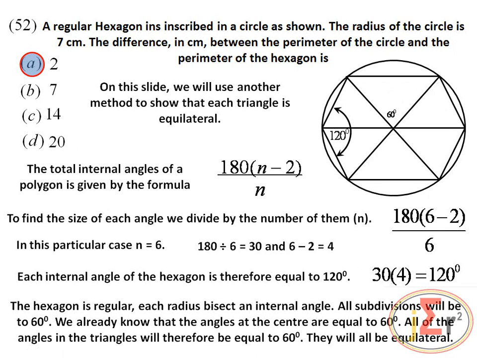Therefore, in each triangle, we know already that the angle at the center is 60 degrees. Therefore, in every single triangle, all of the angles will be equal to 60 degrees, and that is what we have in equilateral triangles. Therefore, all triangles are equilateral.